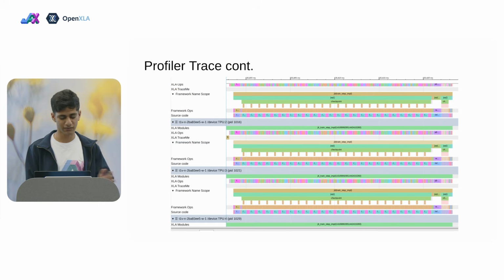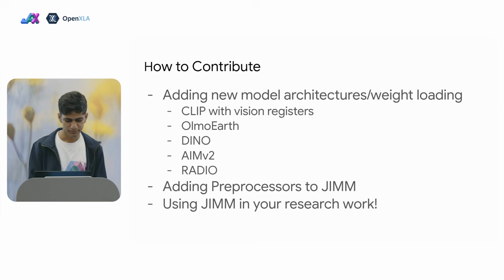If you're using a V4, sorry, if you're using a V4, I think you can push it all the way up to 128 image and text pairs for the CLIP large variant, which allows you, let's say at 256 TPU scale, to get a CLIP batch size equivalent to what they use in the original CLIP paper. And for SigLIP, you can get even further optimizations, albeit I didn't use it in this example.